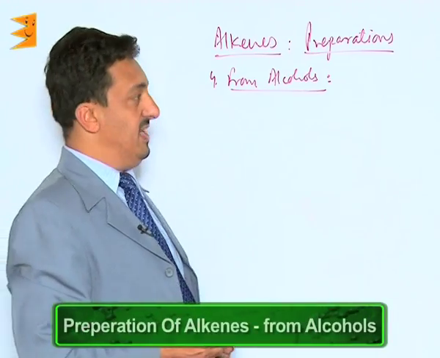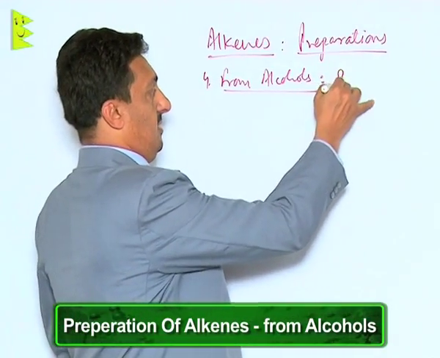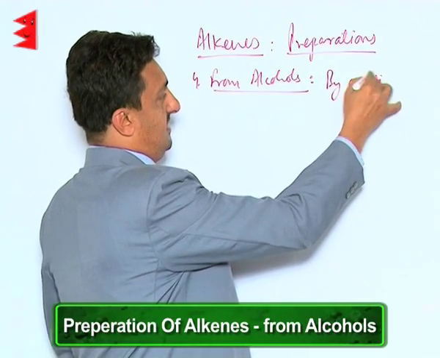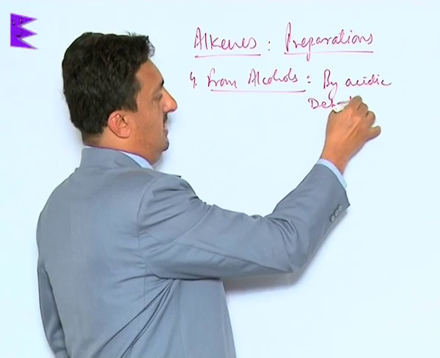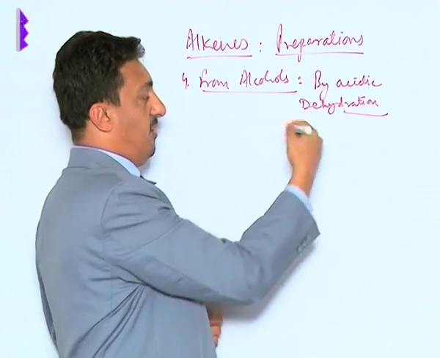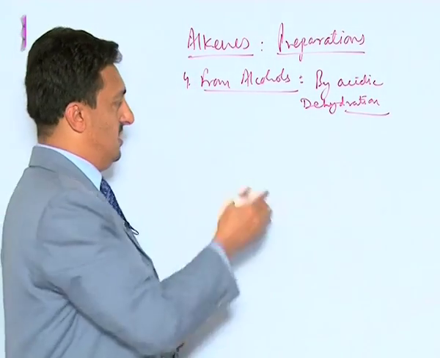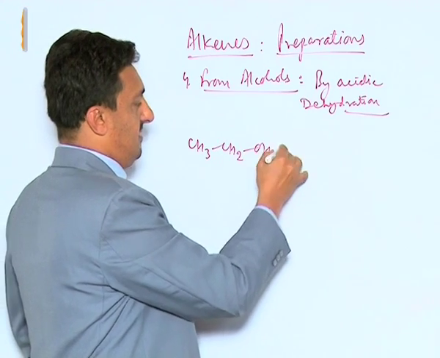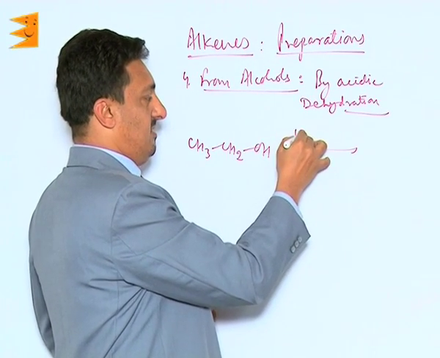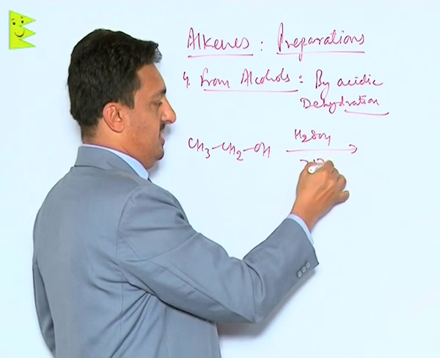The next method of preparing alkenes is from alcohols. From alcohols we can prepare by acidic dehydration. Of course, we are taking out water from an alcohol so that alkene is being formed, so the process is called dehydration. But what is being done in this case is, this is the alcohol, it is actually being taken with sulfuric acid at a higher temperature, higher than 170 degrees Celsius.